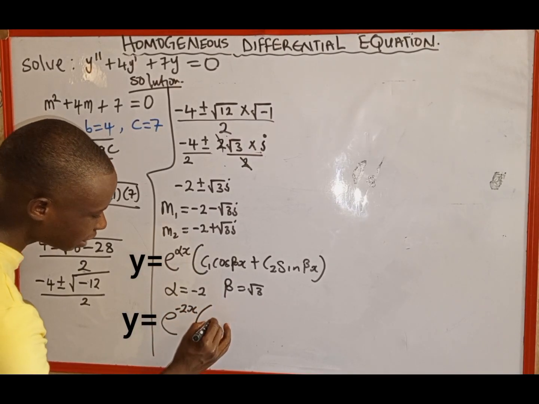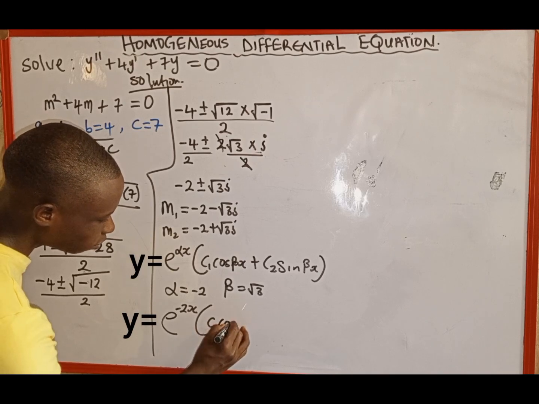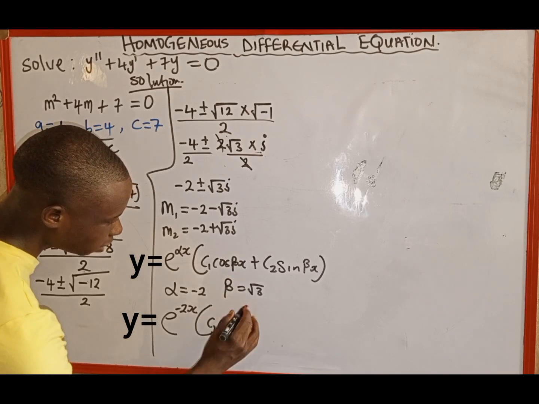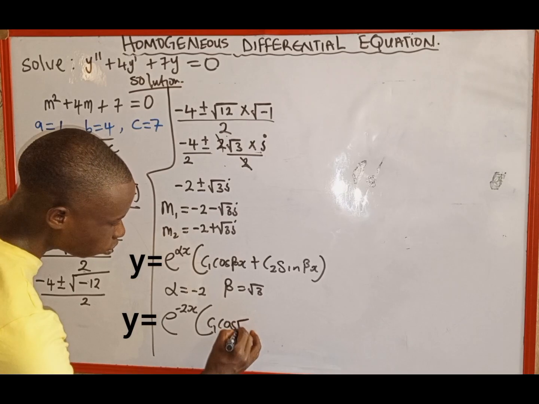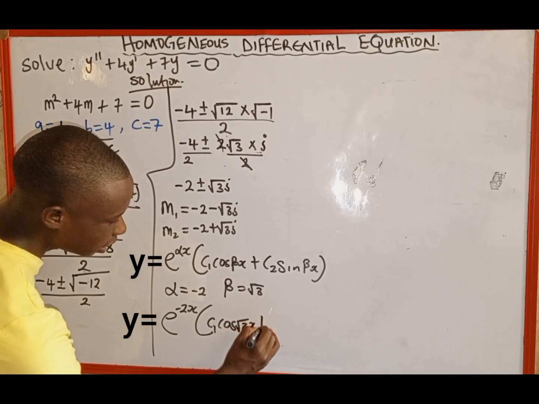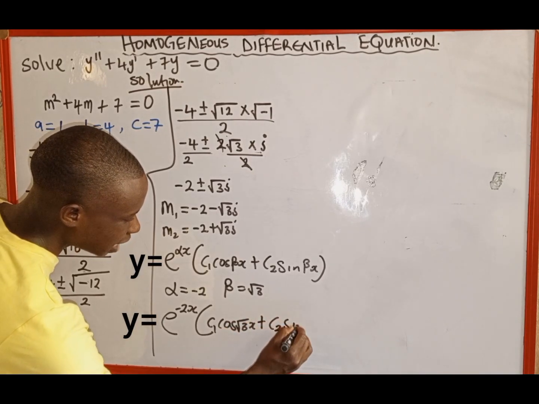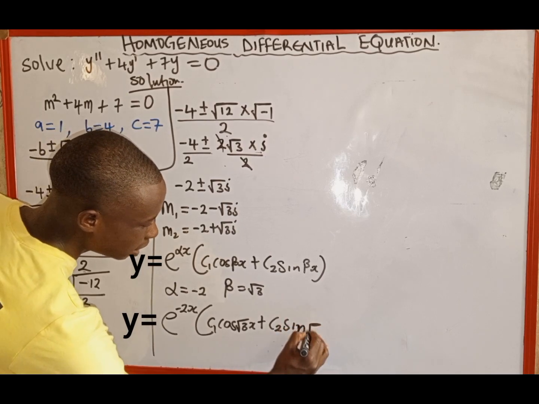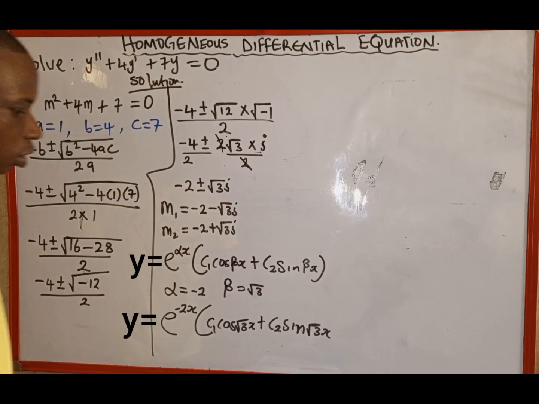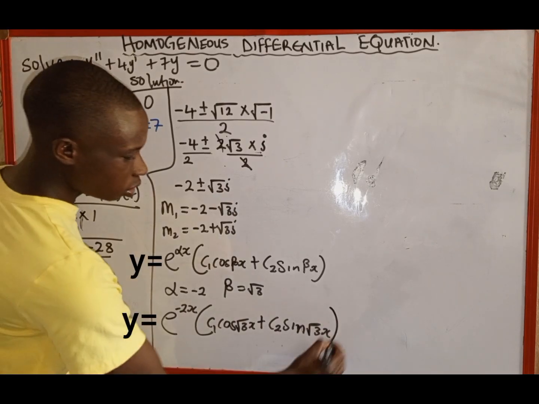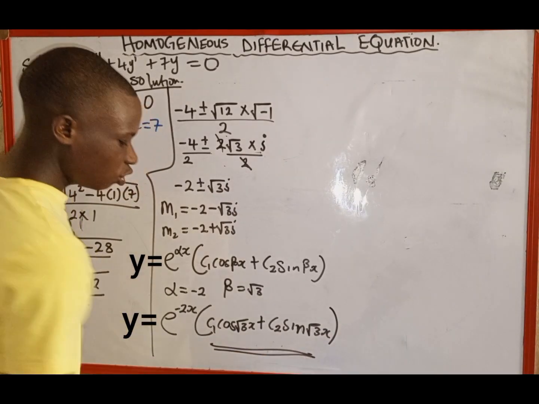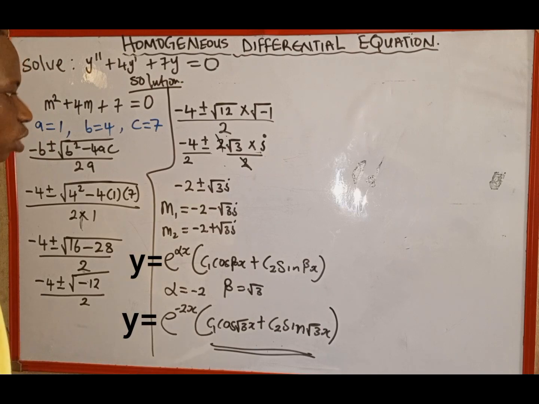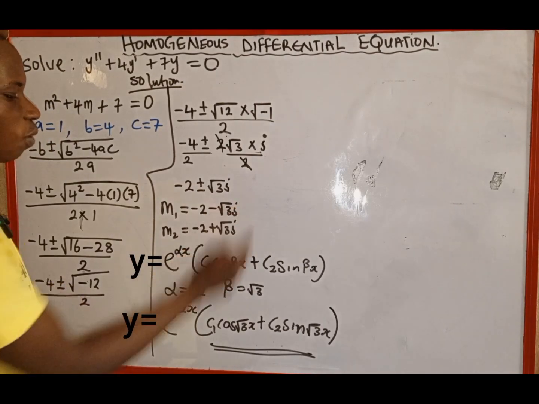Then we open bracket c1 cos beta x, where beta x is root 3 x, then plus c2 sine beta x, which can also be written with root 3 x. So this is the general solution of the given homogeneous differential equation when the roots are complex.